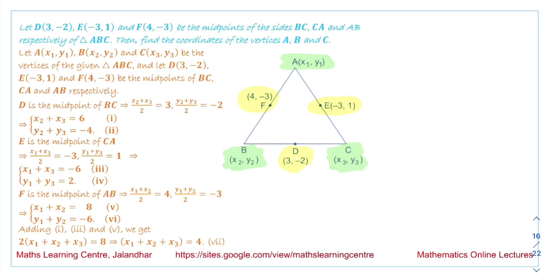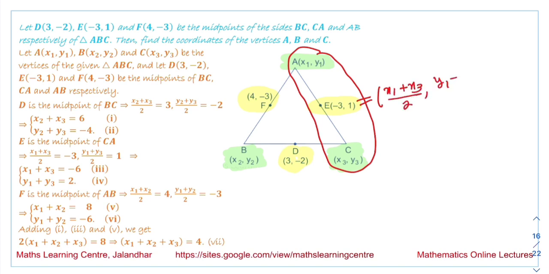Look at this line AC. E is the midpoint over here. It means this is equal to x1 plus x3 by 2 comma y1 plus y3 by 2. Similarly, for this side we will get x1 plus x2 by 2 comma y1 plus y2 by 2.